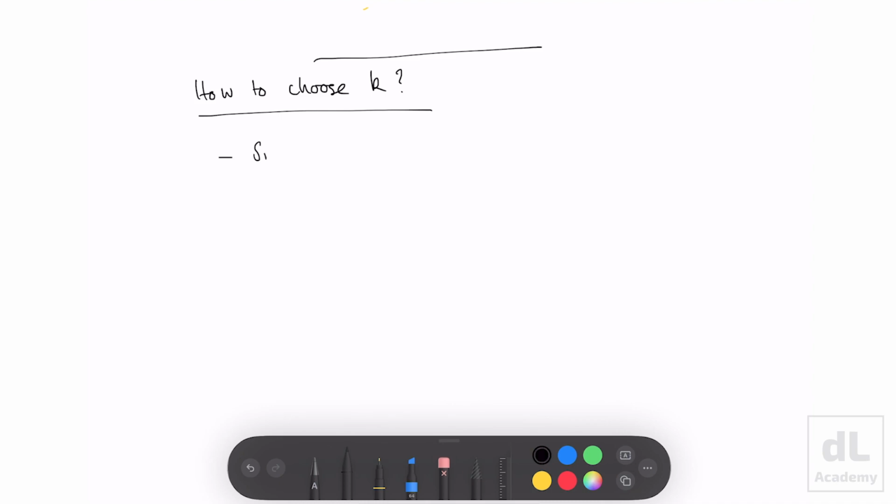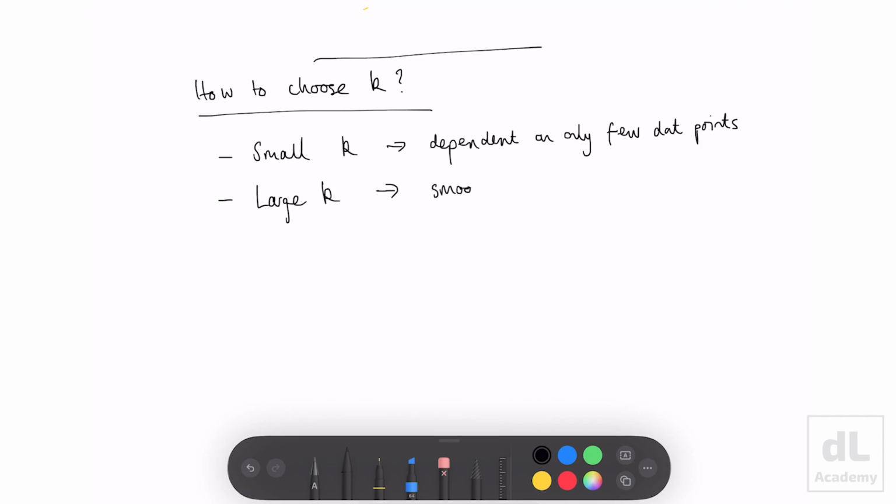So small k means that we're going to have a bet that the closest one is the best value, right? So it's going to be dependent on only a few data points. And this means that you'll get a very localized prediction about what the response should be. Alternatively, if you take very large k, then essentially it will smooth the prediction.